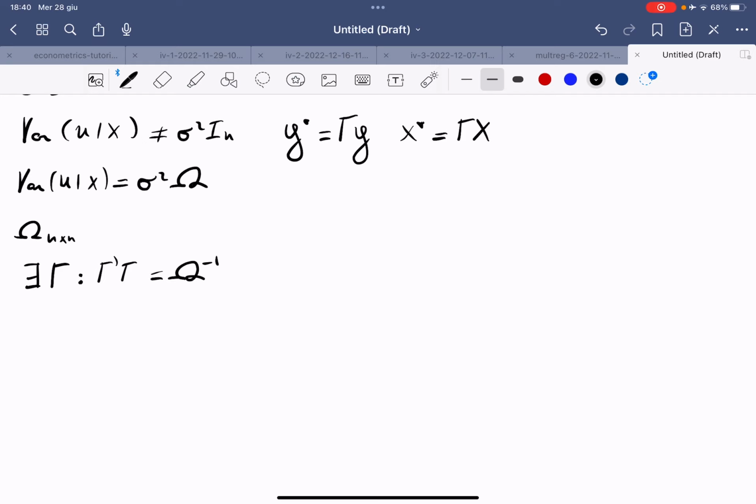So what this transformation makes us do is estimate the variance of y star given x star, which is equal to the variance of gamma times y given x.